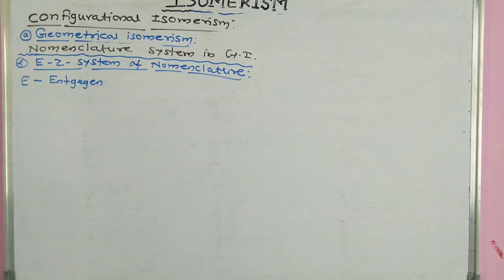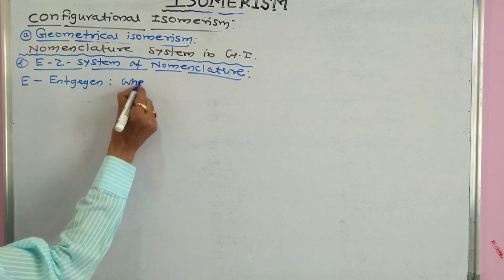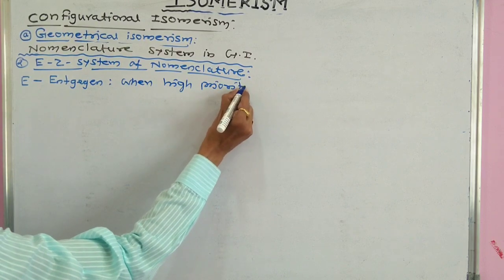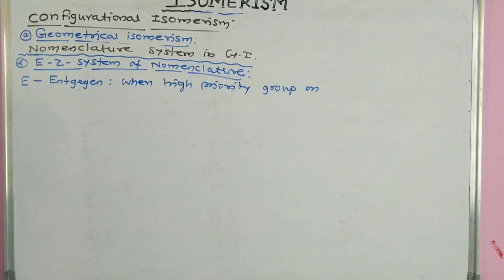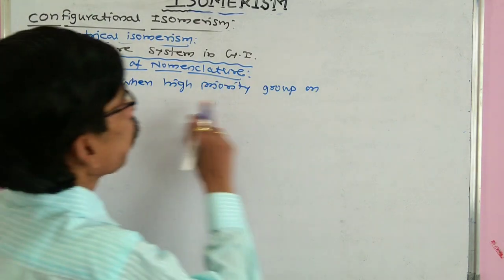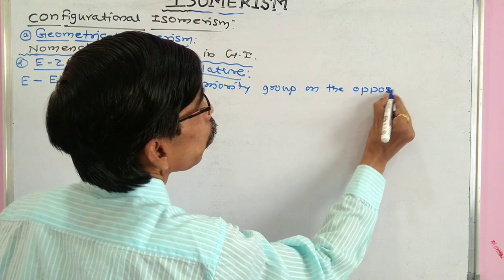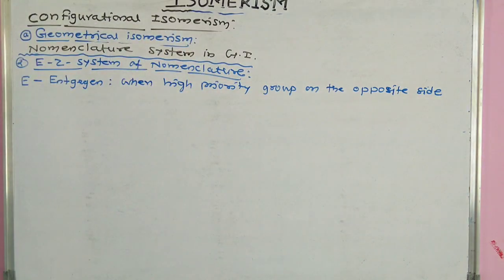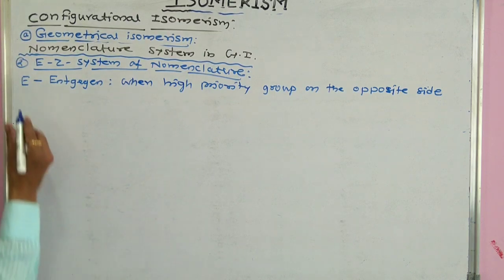It is the Entgegen, in which when the high priority group is on the opposite side, then it is termed or denoted by E.